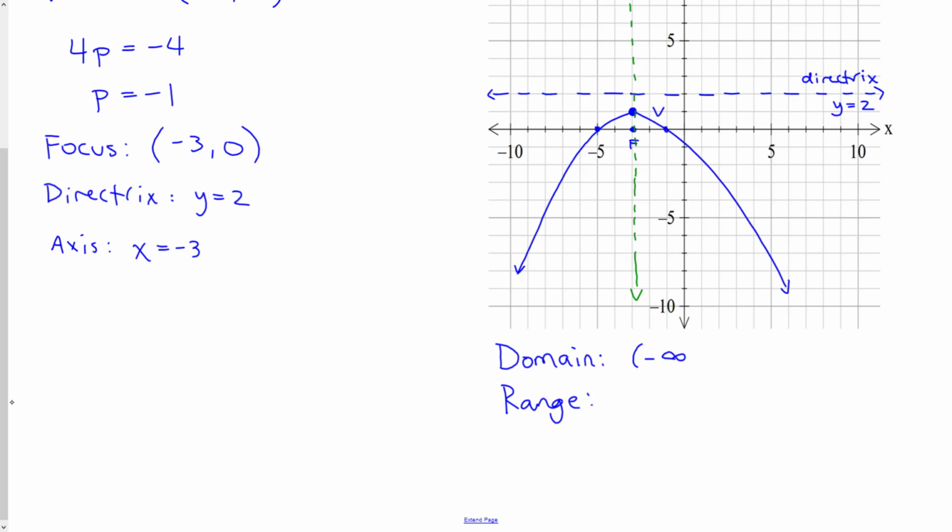It's going from -infinity to +infinity on the x. As if I took this graph and I smashed it up against the x-axis, something would be defined at all points. The range is going from -infinity up to +1, and it stops there. It doesn't go any higher than +1. So that is the end point on my range.